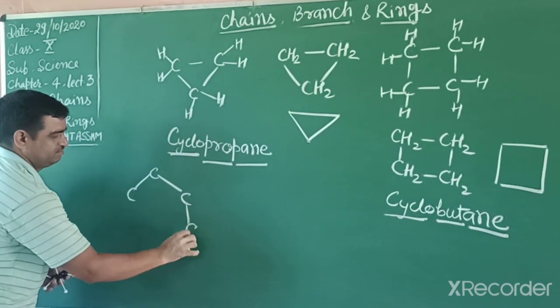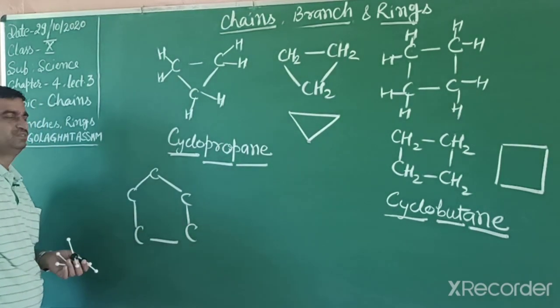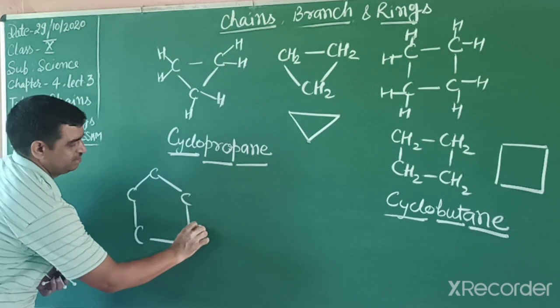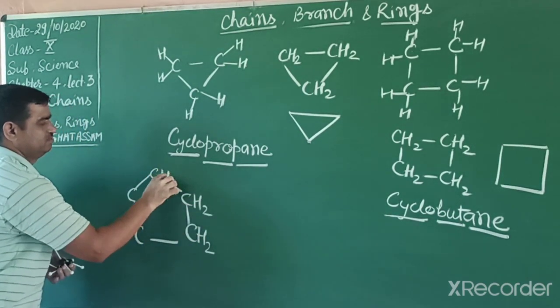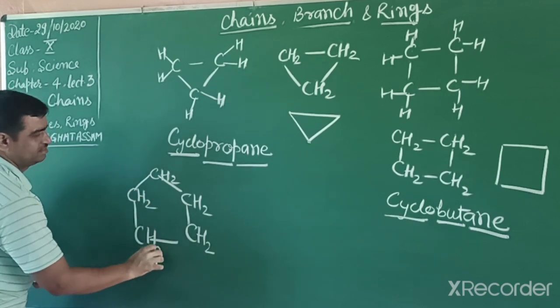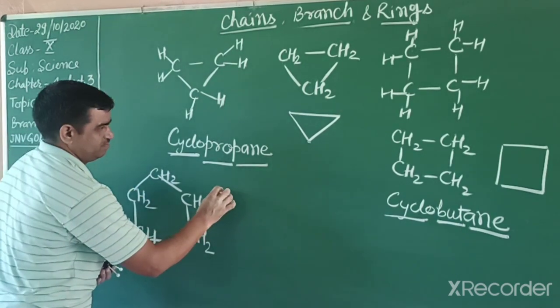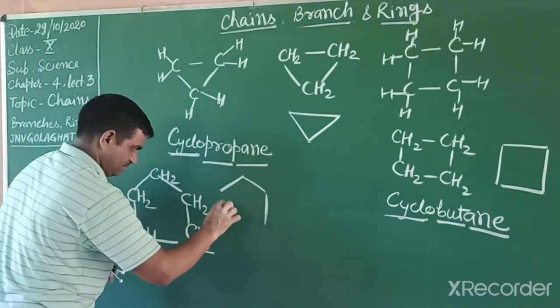5 carbons, then complete the remaining valency, CH2, directly write like this. This compound we can represent like a pentagon.